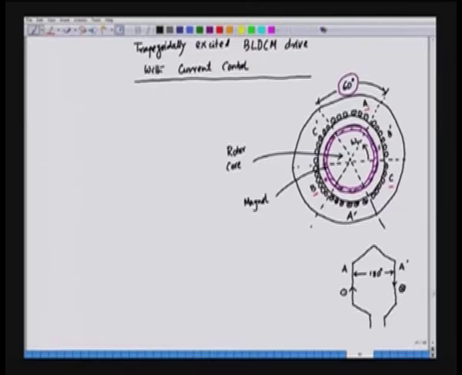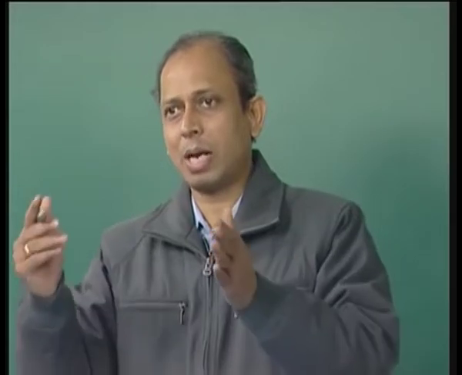That is what is shown in A and A prime. Similarly, we have B and B prime, the two sides of the winding.